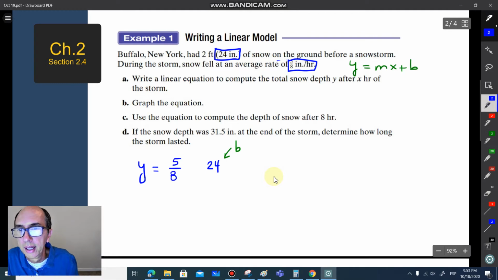So y equals 5/8 x plus 24. This is m. And the equation is this one. This is letter A.